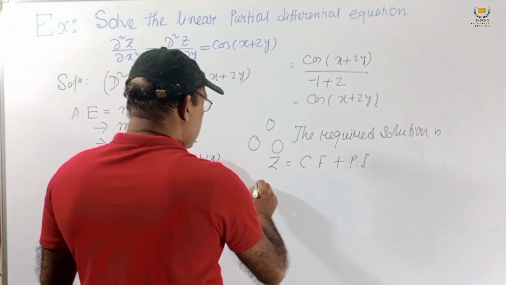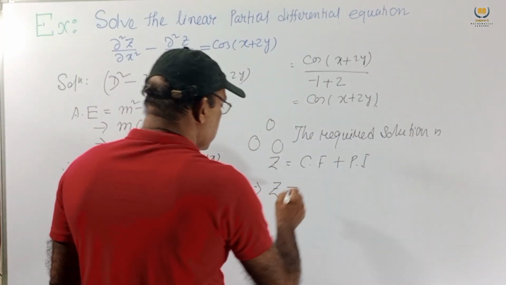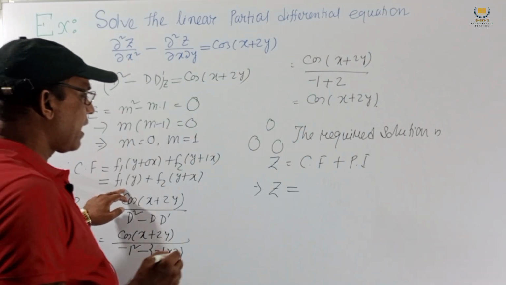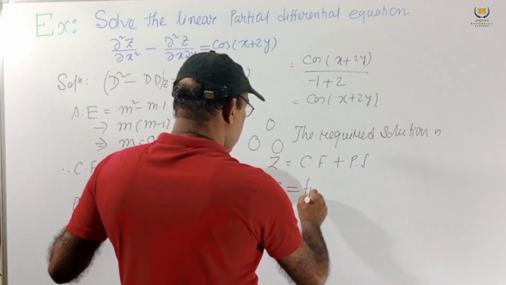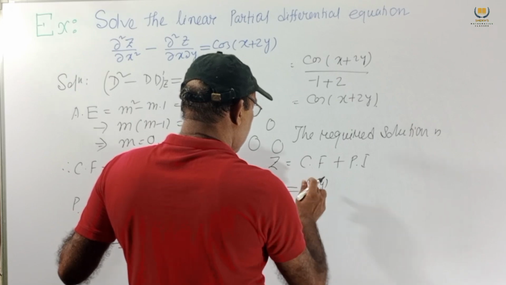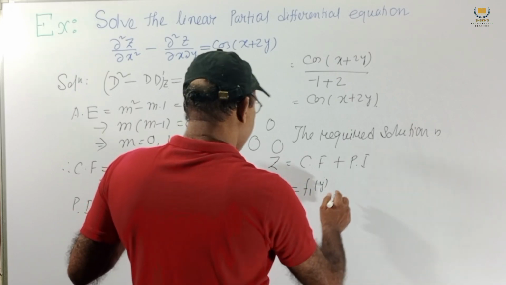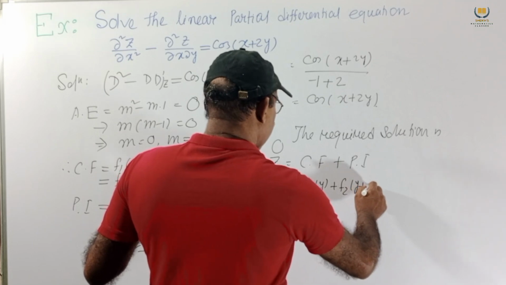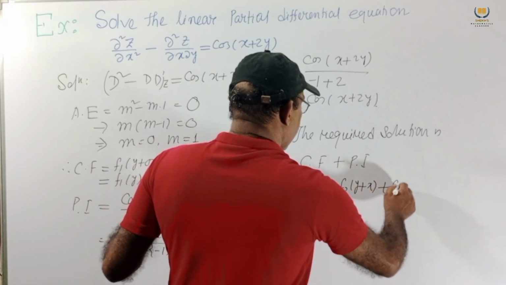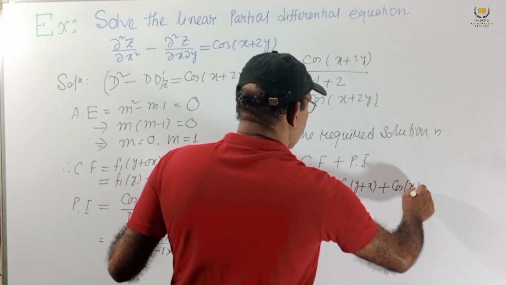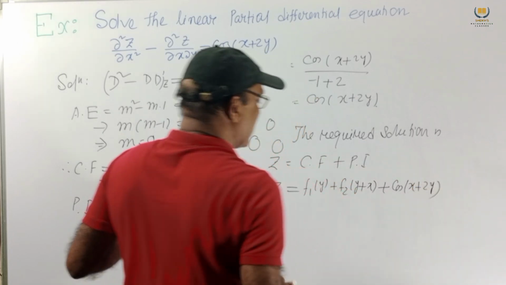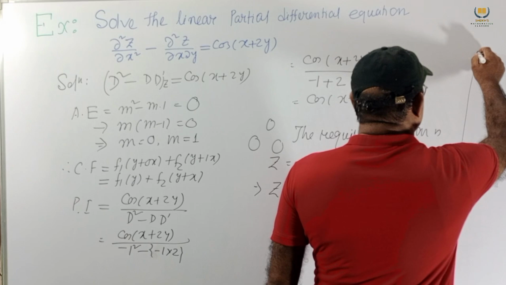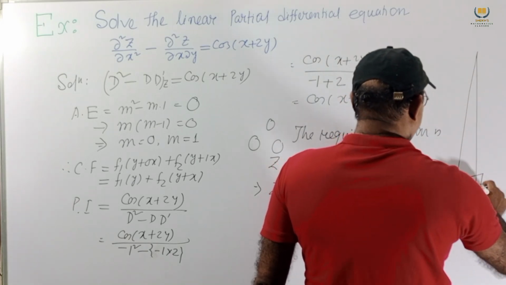Z equals CF, where CF means f1(y) plus f2(y plus x), and PI means x cos of (x plus 2y). So this is the final answer of the given problem.